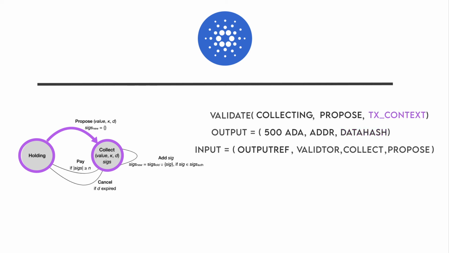In order to make sure that the consuming transaction is not prematurely spending the value of the contract, we must also pass the consuming transaction's context to the validator function. This way we can peek into the transaction context and look at its outputs to make sure everything is legit, and we can also look at the transaction's validity interval to make sure that we are still in the valid interval in which this contract can execute.